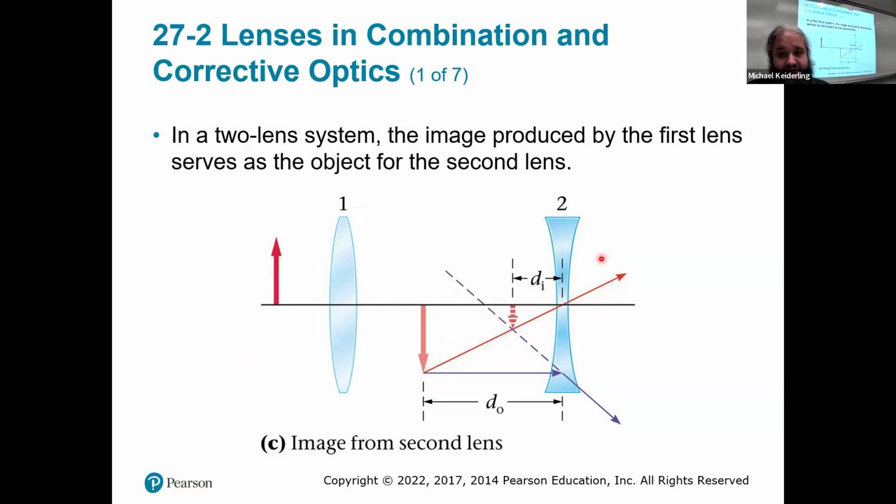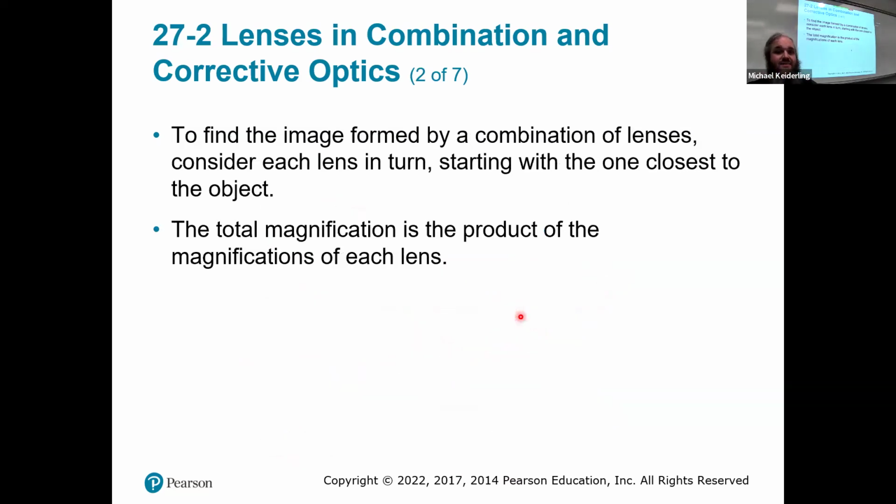That serves as the object for the second lens, which produces an image here. To find the image formed by a combination of lenses, we have to consider each lens in turn, starting with the one closest to the object. And the total magnification is the product of the magnifications of each lens.